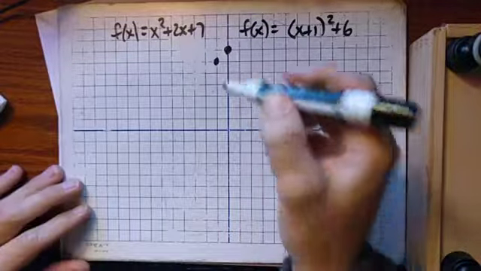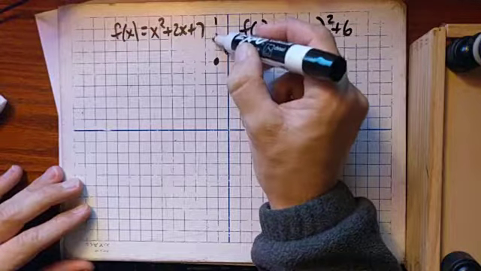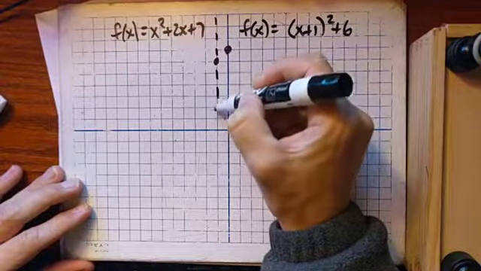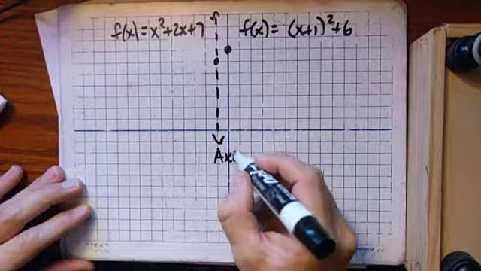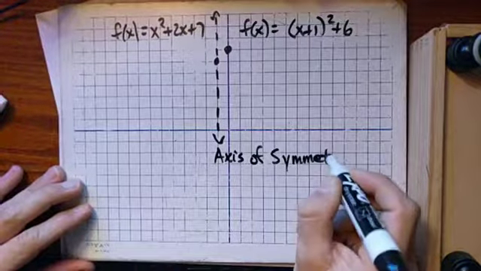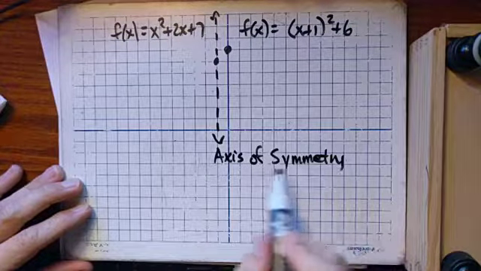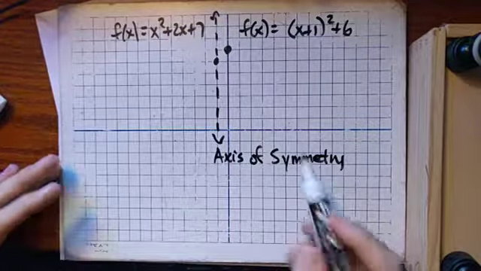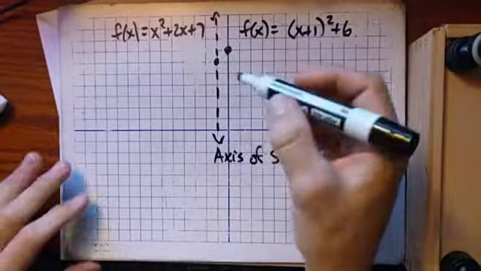Now while I'm here, I'm going to show you that right through the vertex is the equation of this line. This line is called the axis of symmetry. And it's a line that divides the graph symmetrically. In other words, whatever's on the right side of this line is also reflected over on the left side of this line.